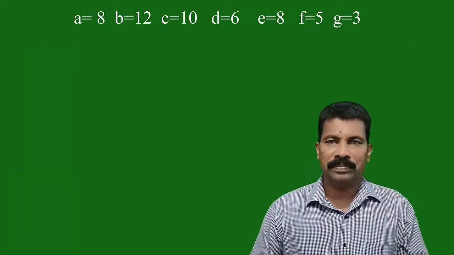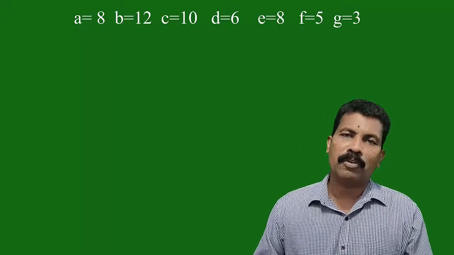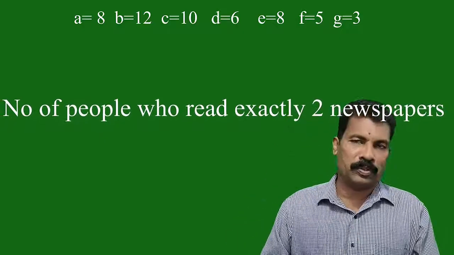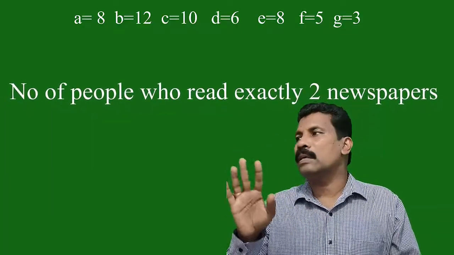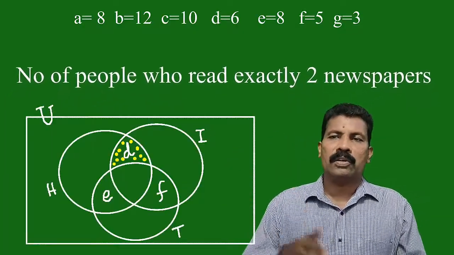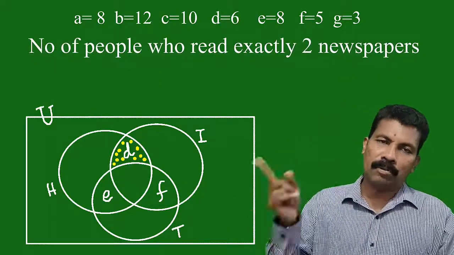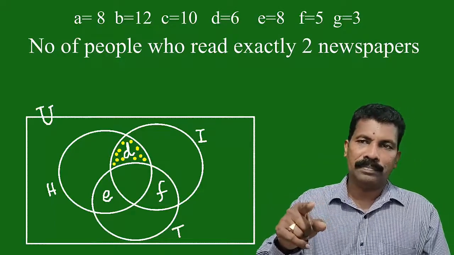The last question, we have to find the number of people who read exactly 2 newspapers. Means they will not read a third newspaper. So here we can see that D stands for the number of people who read H and I only.